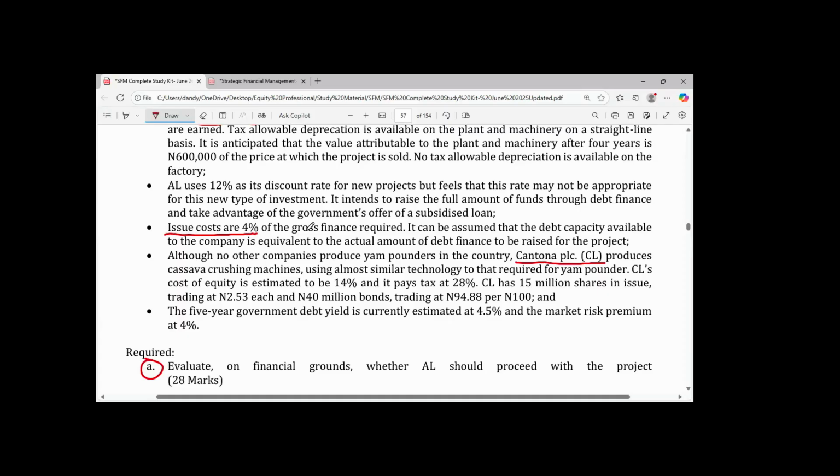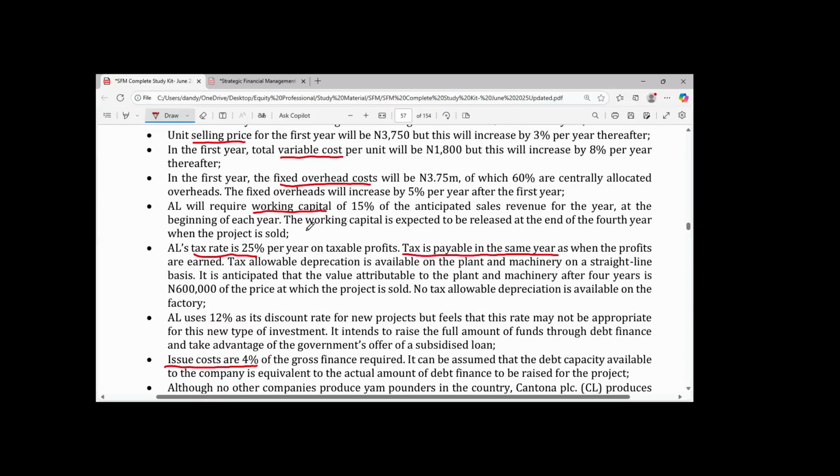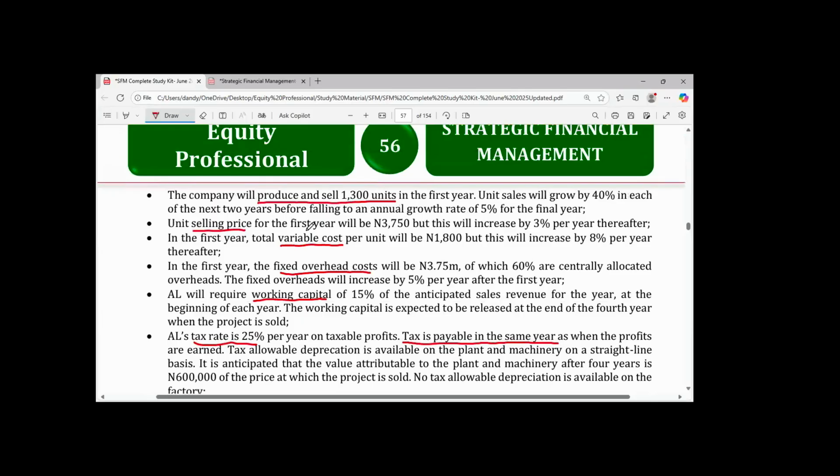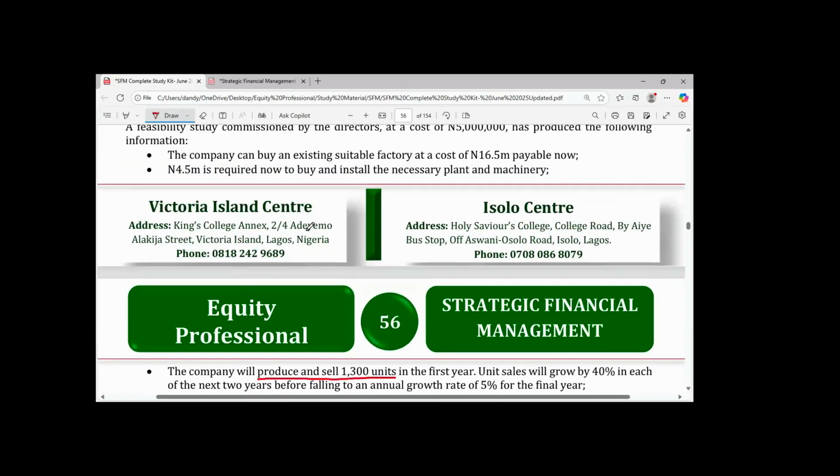So the examiner is asking you to evaluate. That means you are supposed to calculate adjusted present value, because you are given issue cost and subsidized loan. To calculate APV, I said there are 4 procedures you are supposed to carry out. Step 1, you calculate base case NPV.